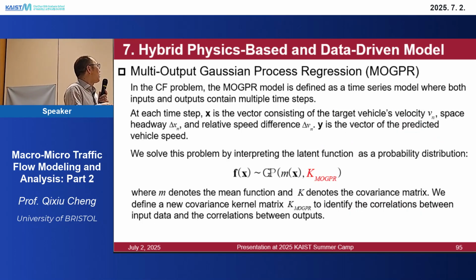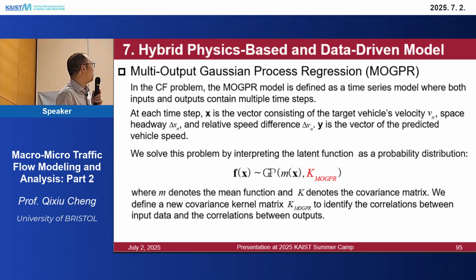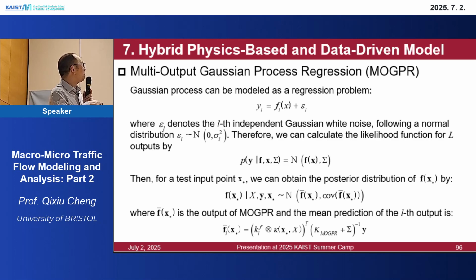For the data-driven model, we use the multi-output Gaussian process regression. The analytical part is simple. The basic idea is that the Gaussian process is a regression of this type: f(x) is the mean, plus epsilon, the error.